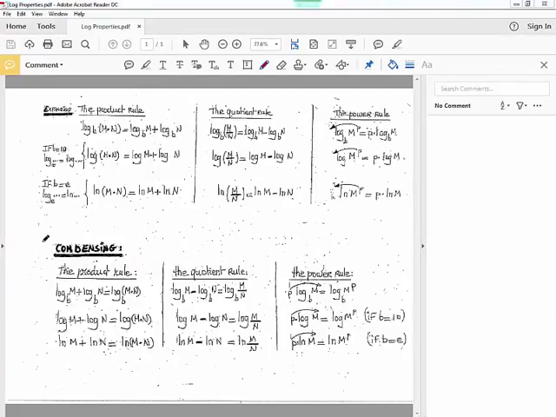Since we want to combine 2 logs as a single log, we're going to use our quotient rule. And since the base that we had is a general base, we're going to use the one with the base b being mentioned. So let's use this quotient rule with our particular problem.